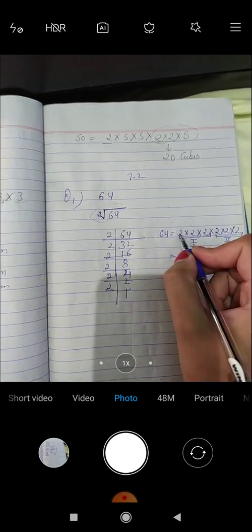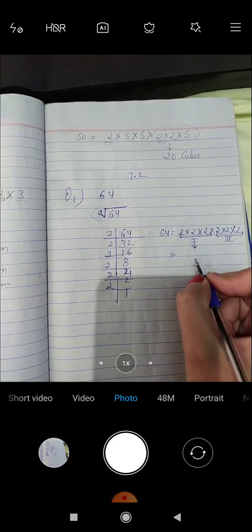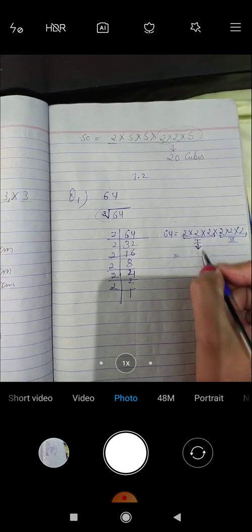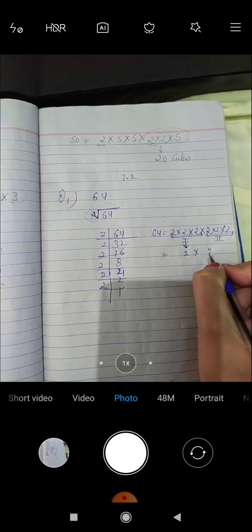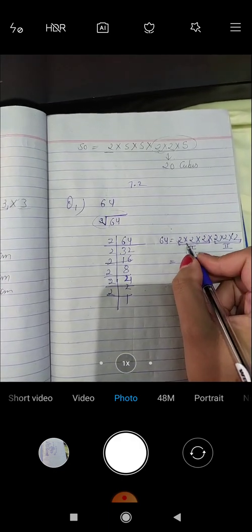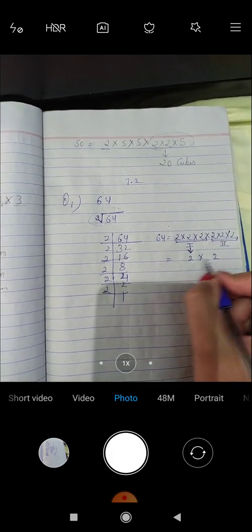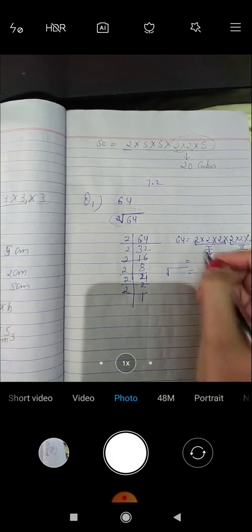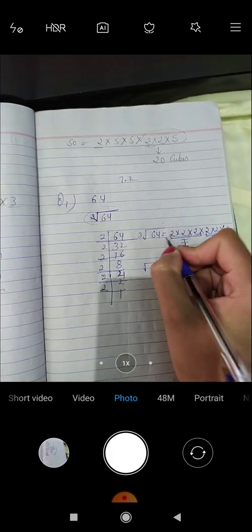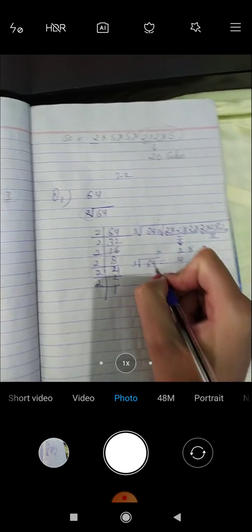If there are three twos, we take out only one 2 from the first group and one 2 from the second group, and their product is 4. So the cube root of 64 is 4.